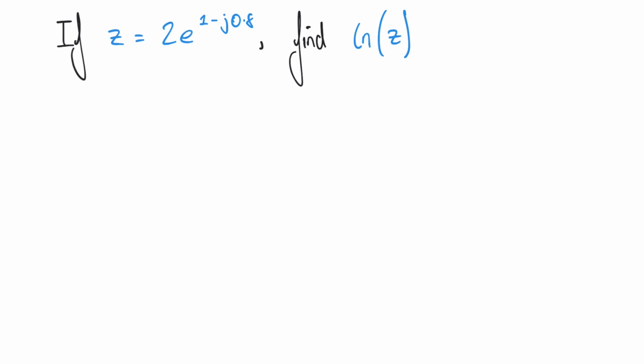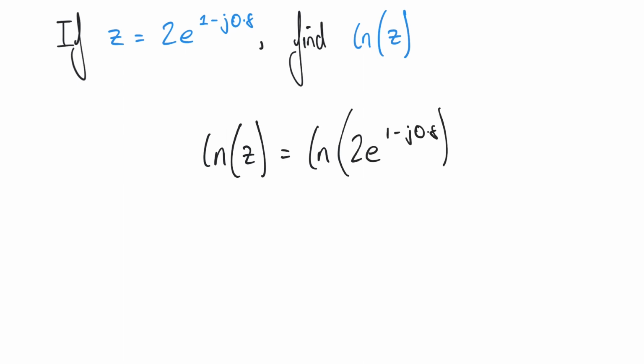If we write that out, the natural logarithm of our complex number z is equal to ln of 2e to the power 1 minus j 0.8, which, expanding in the same manner, is the natural logarithm of 2 plus the natural logarithm of e to the power 1 minus j 0.8.